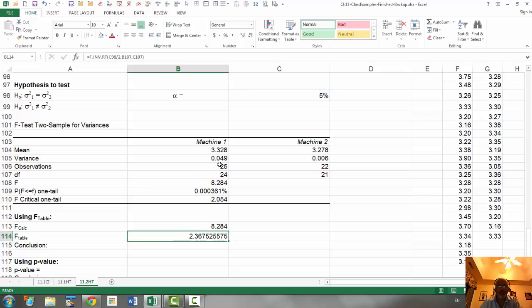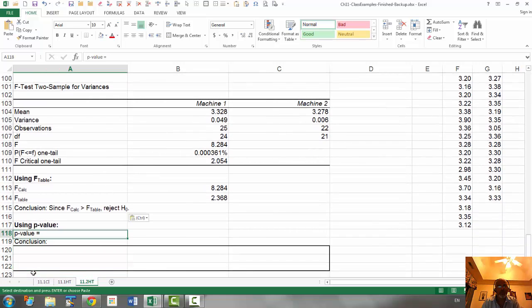You can do this because the first variance is larger than the second variance. Now if the F calc is greater than the F table value, then we will reject the null hypothesis, and that is the case, so we reject the null hypothesis.